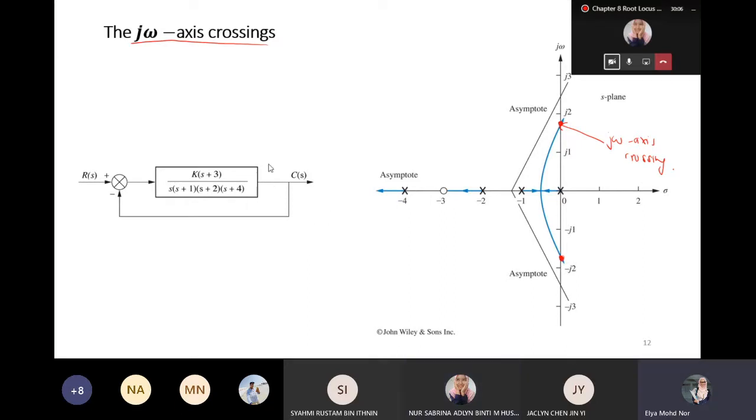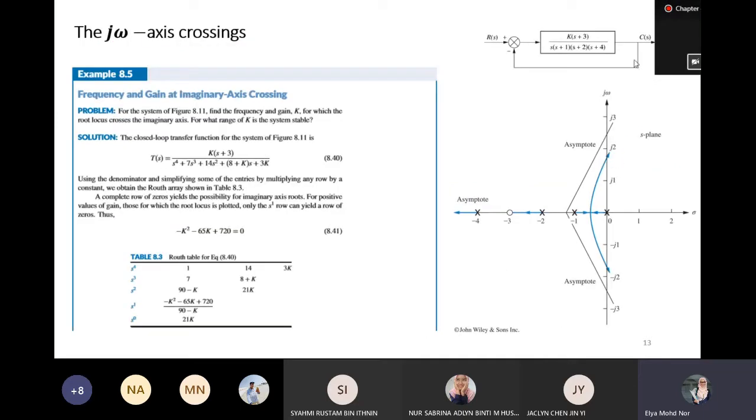Okay, so for example, this block diagram, feedback system, this is the root locus. So how do we find the J omega axis crossing? You can look at example 8.5 here.